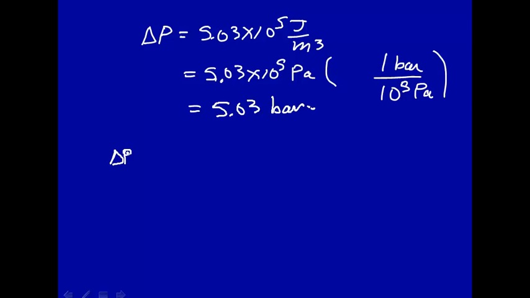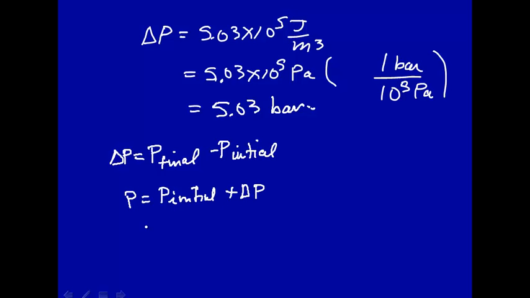All right, so delta P was P final, that's what we want, minus P initial. So the final pressure is the initial pressure plus delta P. The initial pressure was 1 bar, and the delta is 5 bar. So the final pressure has to be 6 bar.